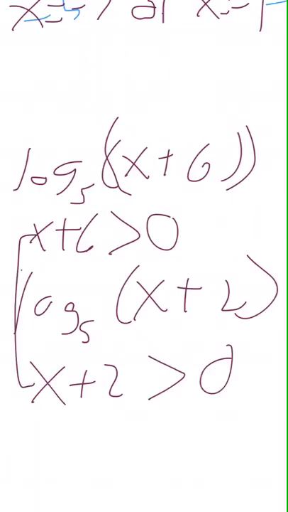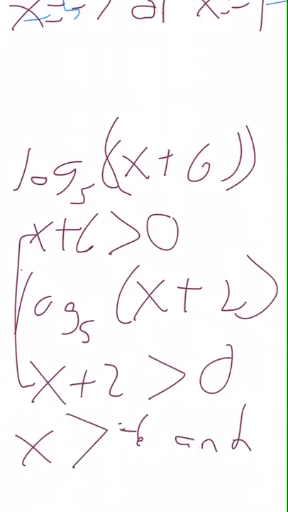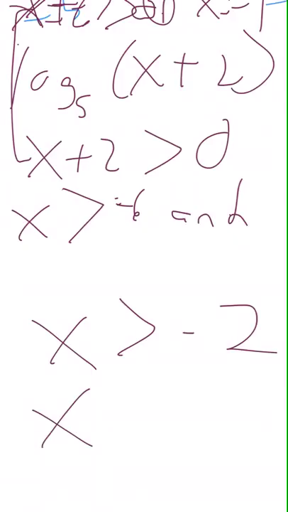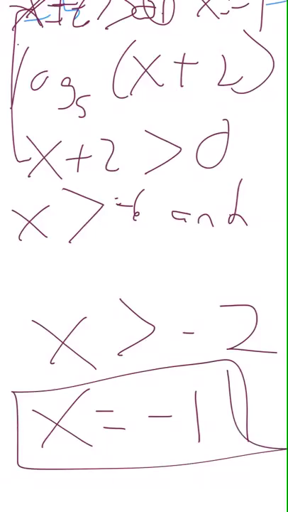This is an and. They both have to work, which means x has to be greater than negative 6, and x has to be greater than negative 2. The only one of those x values that satisfies these conditions is negative 1.